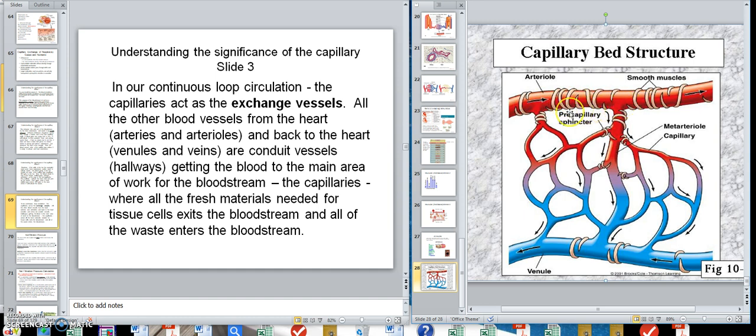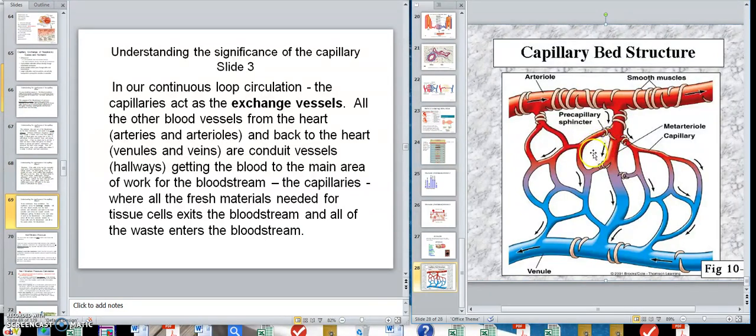Therefore, what happens? The precapillary sphincters right here tighten down. Okay? So nothing happens. Let's say the next millisecond, though, you do need some delivery just in this area here.